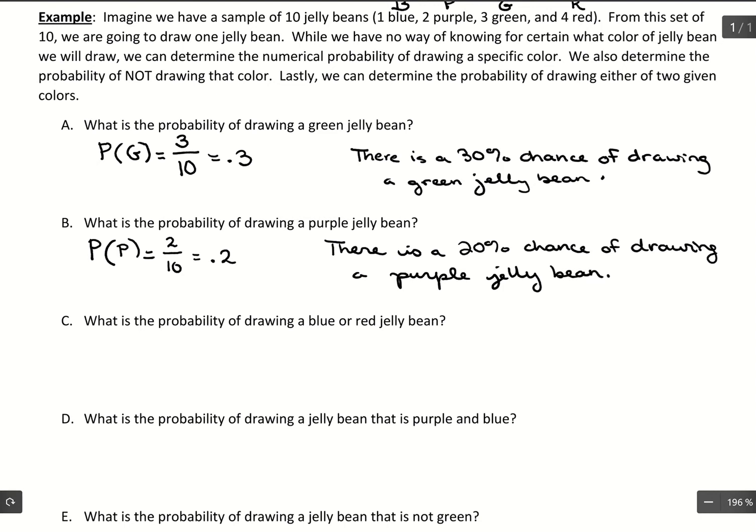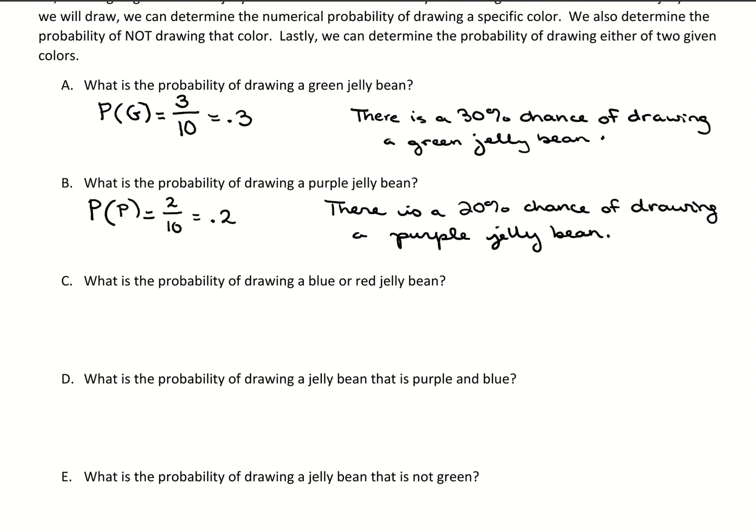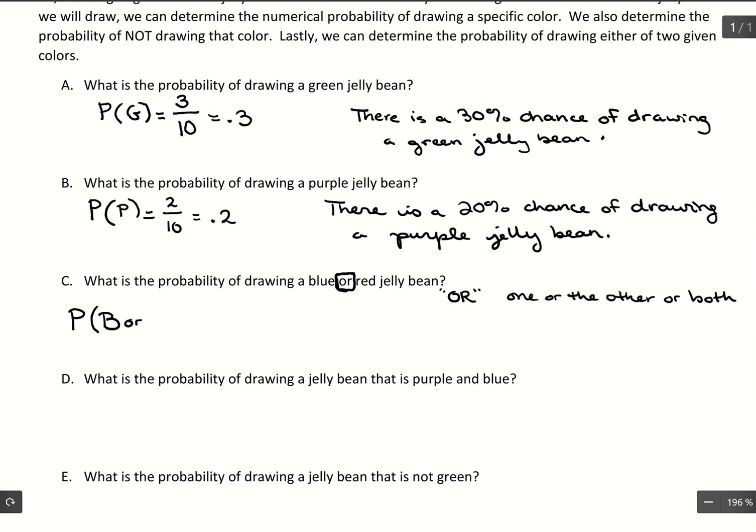Then for part C, what is the probability of drawing a blue or red jelly bean? So with or, what we're saying is one or the other or both. So if we're looking for the probability, so P parentheses and then B or R for blue or red, in the numerator, we want to combine how many are blue, how many are red, and how many are both.